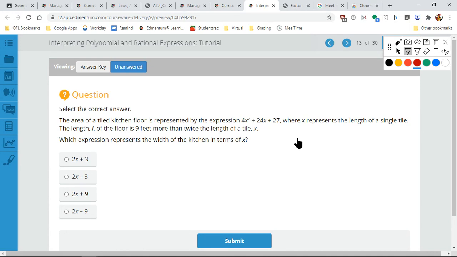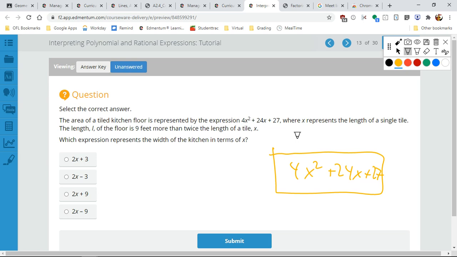I like drawing pictures. I'm a very picture-centric guy. I'm terrible at drawing pictures, but I like pictures. It helps me understand it. So here's our area. Our area is this rectangle, and we have this 4x squared plus 24x plus 27. Okay, so that's all this.